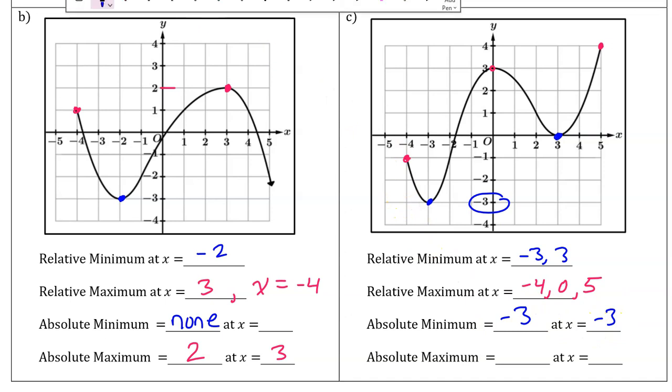Does this graph have an absolute maximum? It does. These are not arrows. So there is an absolute max, and the highest point on the graph is here. So we have an absolute max of 4 at x equals 5.